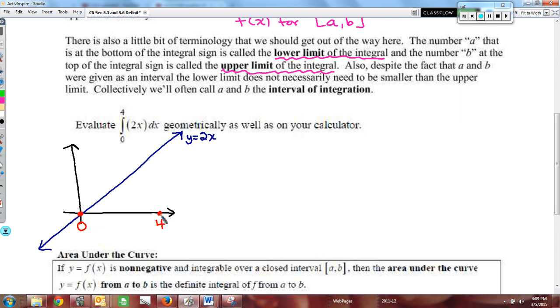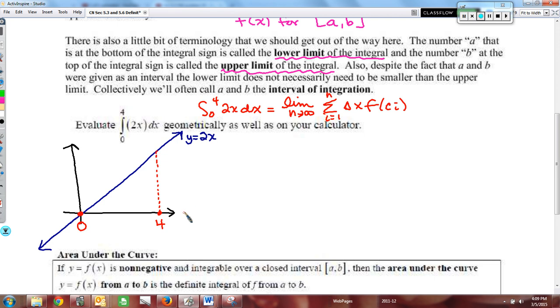When I look at this kind of region, it is related to area. If I take this integral from 0 to 4 of 2x dx and think of it as the limit as n goes to infinity of the sum from i equals 1 to n of delta x times f of c_i, that is my definition of it.